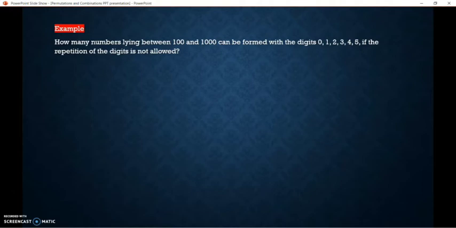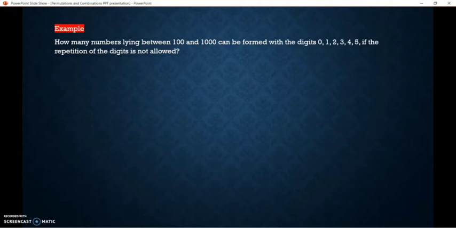To do this, first of all we'll take all the possible permutations of 6 digits taken 3 at a time, and then subtract the possibility of two digits.